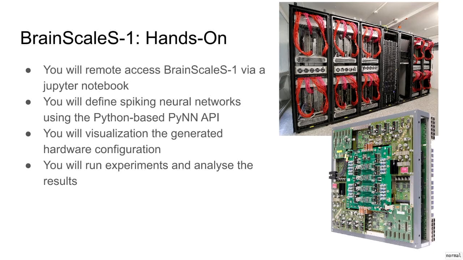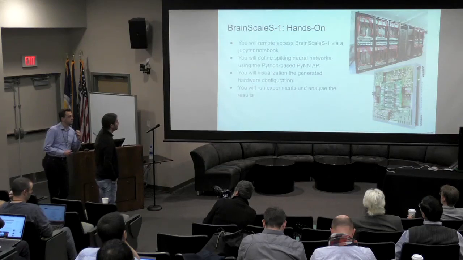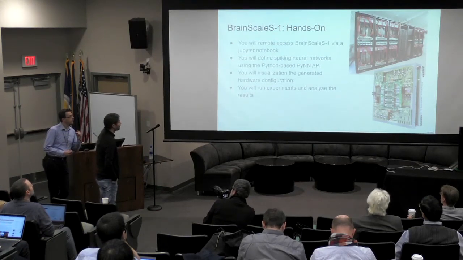Okay, so as said, you will have the chance to do both. Both the morning session and the afternoon session are the same, and it's split in two parts. One part for the BrainScaleS system, one part for the prototype system. So you have access to play with both. And in the BrainScaleS-1 hands-on session, you will remotely access, as I said, one wafer module here of the machine room in Heidelberg via a Jupyter notebook.